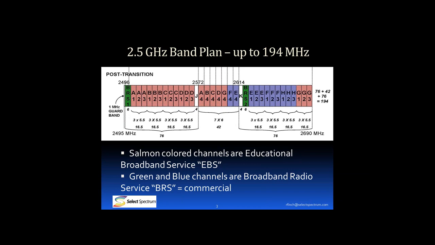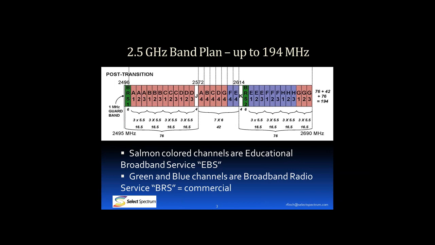A typical license is 4 channels. So if you look on the left of the screen, A1, A2, A3 are 5.5 megahertz each. Together, they form a 16.5 megahertz block. And typically, the license would include a so-called mid-band channel, A4, an additional 6 megahertz.